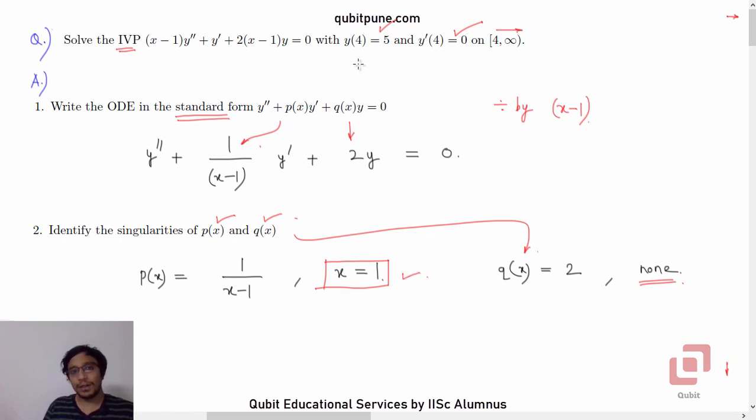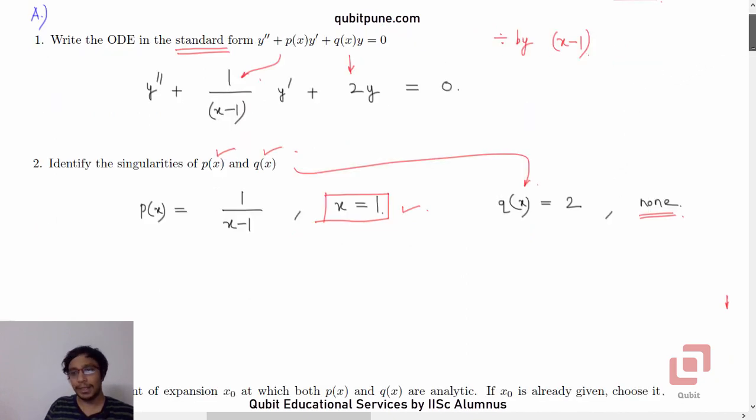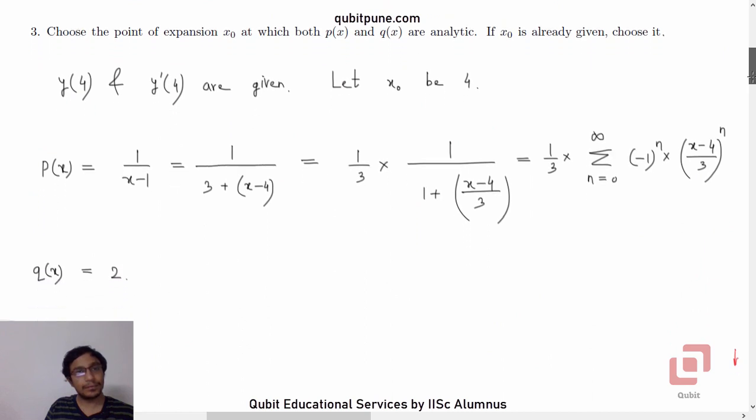But because we are already given these initial conditions, y and y prime at 4, let's make the choice of x0 as 4. So we will find the power series solution in terms of the powers of x minus 4. So the third step is actually making a choice of the point of expansion x0.